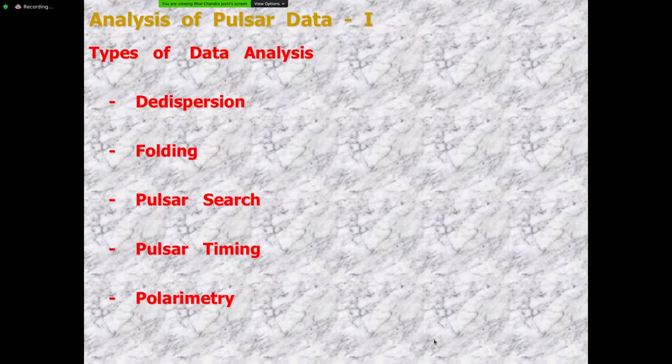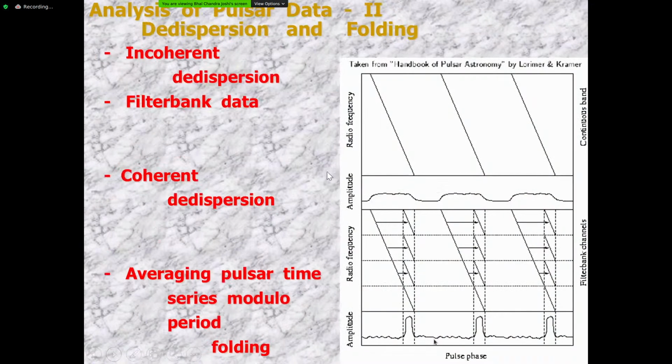As I said, the pulse arrives at different frequencies at different times. If you want a high signal to noise ratio observation of the pulsar, you need to de-disperse the data. This process of de-dispersion is schematically shown here, where the x-axis is the pulse phase and the y-axis in the top plot is the radio frequency.